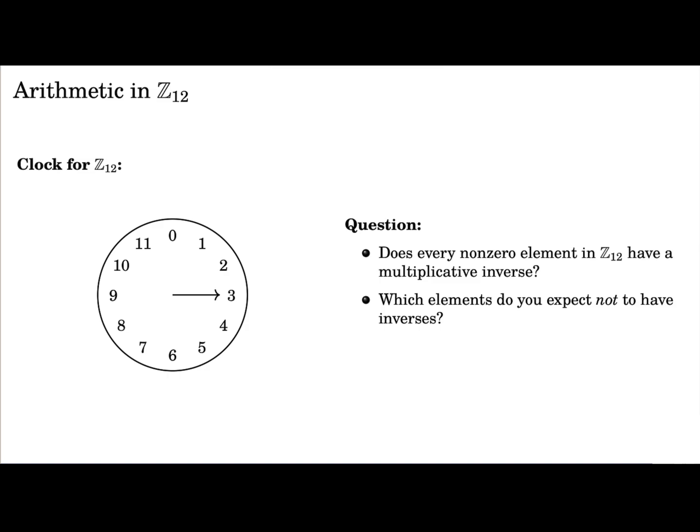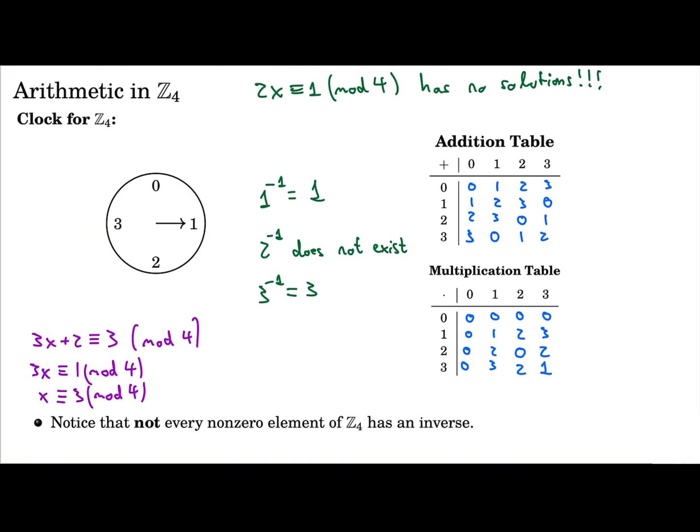If you go back to 4, the issue was with 2. You can notice that this issue happens because 2 and 4 are not co-prime. They share divisors. What do I mean? In this case, just 2 divides 4.